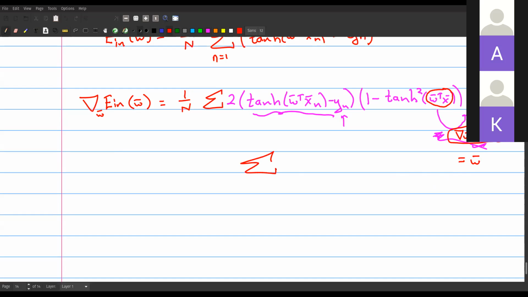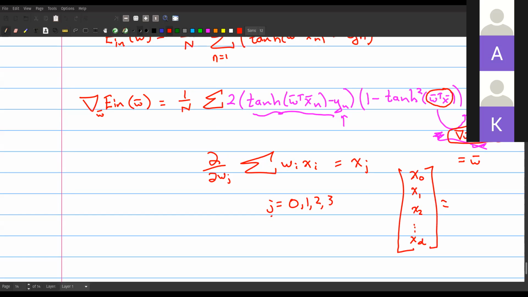You can see why it's true if you write it out: it's the sum of wi times xi. If you take the derivative with respect to wj, this is just xj. So when you take the gradient, you do this for j equals 0, 1, 2, 3, and the gradient ends up being x0, x1, x2, up to xd, which is just x.